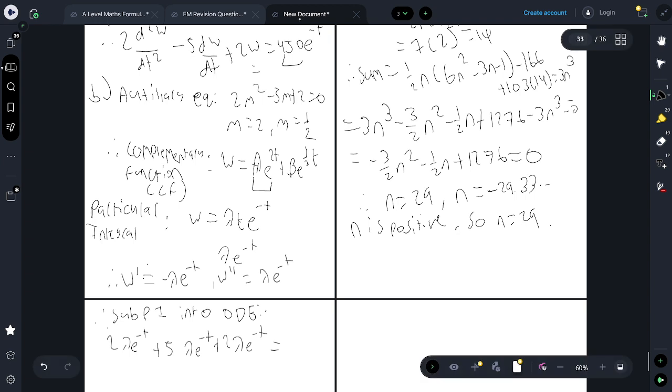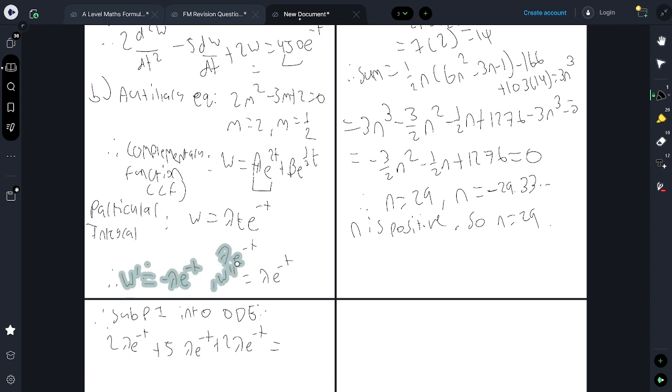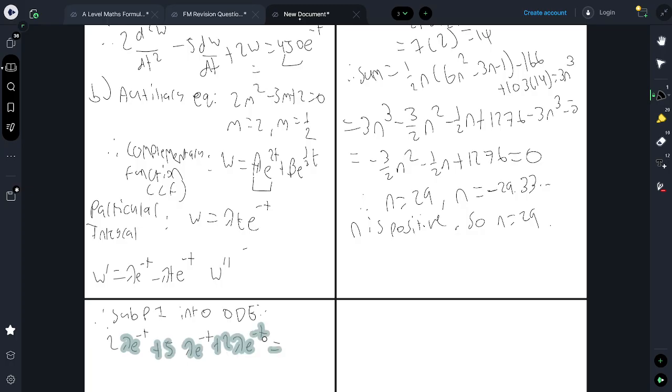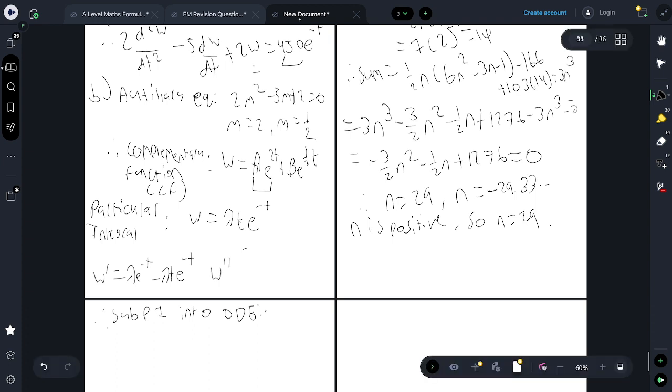No, it's t, sorry. I didn't even see the t there. What's going on? This is product rule then. So w dash, that's going to be differentiate t first, so lambda e to the minus t plus minus lambda t e to the minus t. And then w dash dash. I just thought it was lambda e to the minus t.